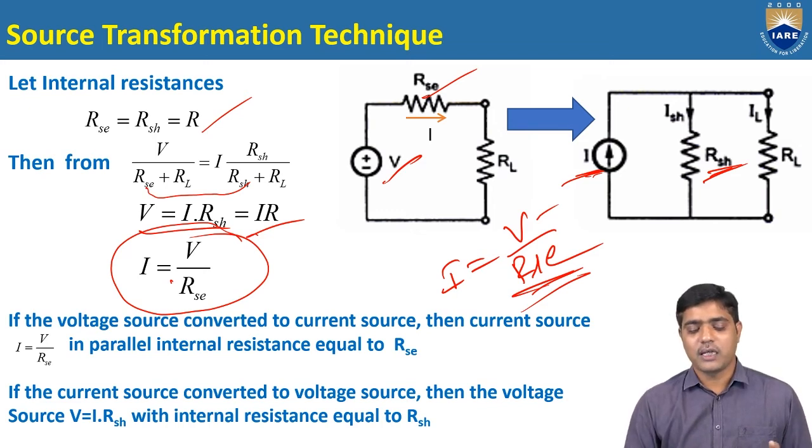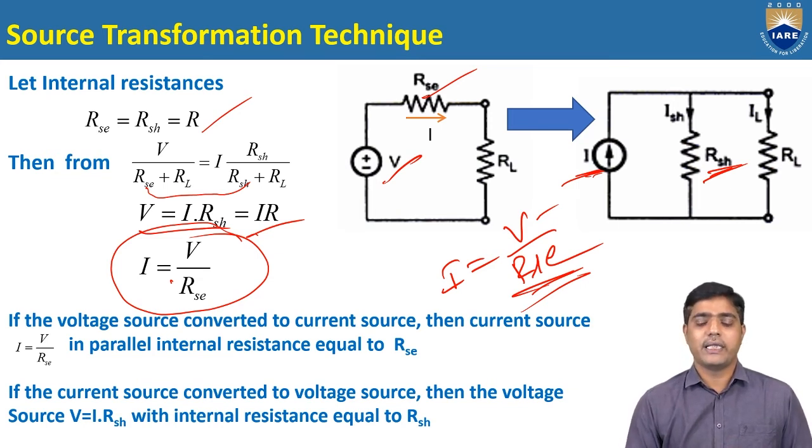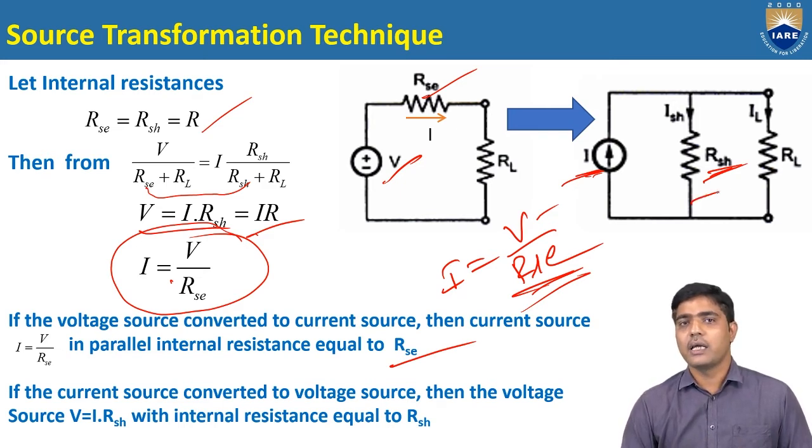So we can conclude that if you are going to convert the voltage source into the current source, then the current source I equals V by RSC, connected in parallel with an equivalent resistance of RSC. Here I is going to be V by RSC and RSH is going to be RSC.